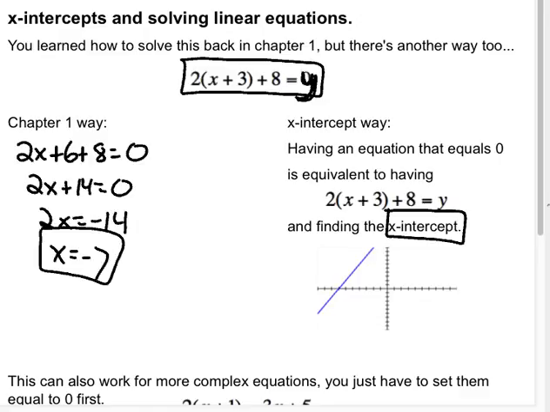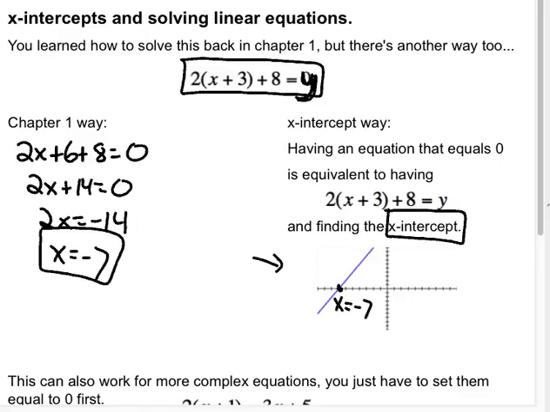So what I want you to see is you can actually solve this graphically. So notice here, I've already graphed it for you, but look where the x-intercept is. The x-intercept is at x equals -7, which is the solution to the original equation.